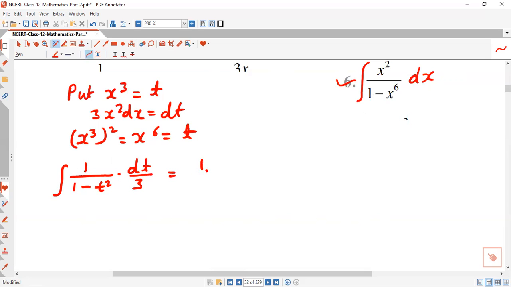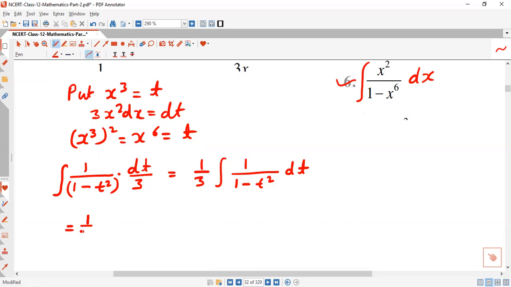Simplify this, taking the constant outside: 1 upon 3 times the integral of 1 upon 1 minus t square dt. We know this is a standard formula.